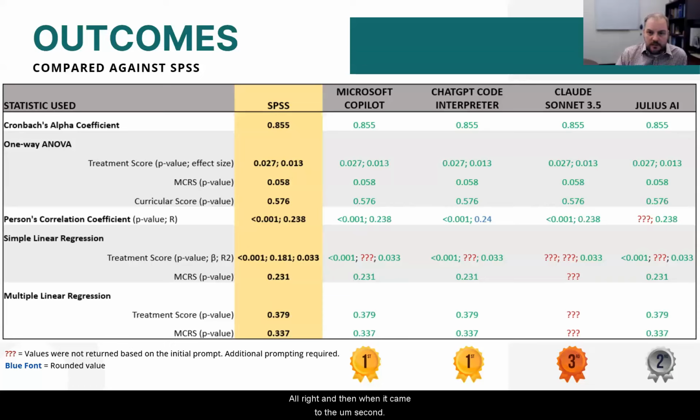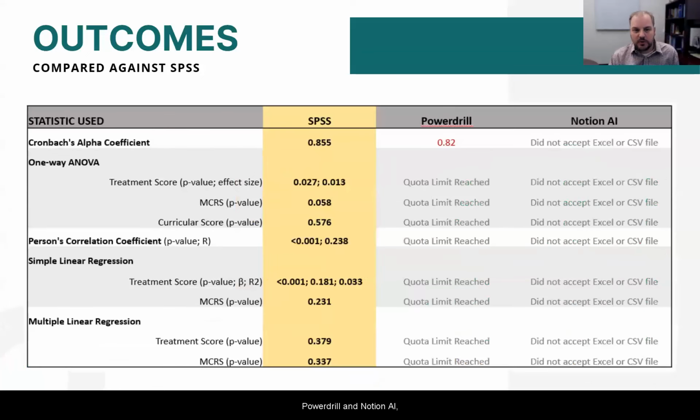All right, and then when it came to the last 2 of the systems, Power Drill and Notion AI, the pilot testing for these was very disappointing, and that's because for Power Drill, I reached a maximum token limit for the trial version after the first data run. And then I struggled immensely with Notion AI, and after about 30 minutes, I just gave up.